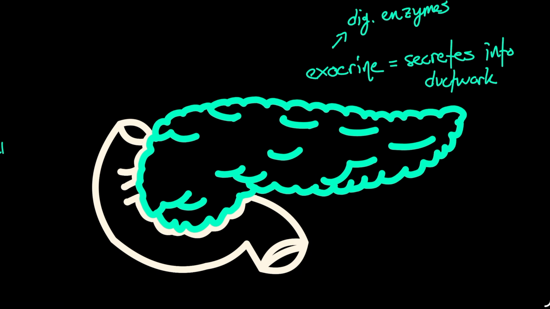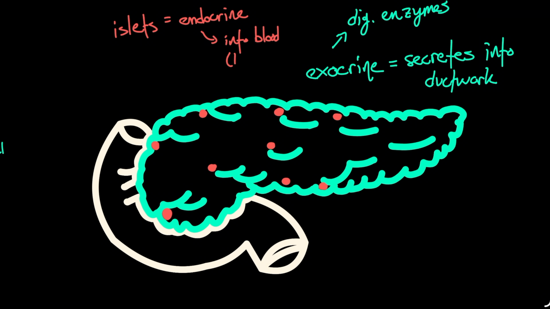Okay? Its endocrine function is more so composed of little islands of tissue, and these are those pancreatic islets, or those islets of Langerhans. And these are endocrine, which means secreted into the blood, body-wide.